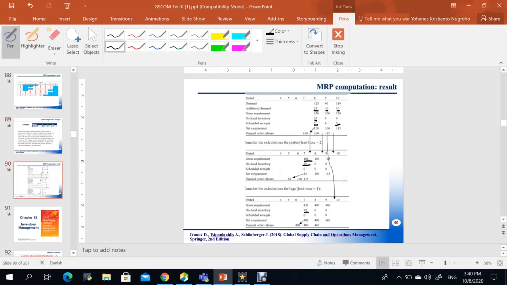And therefore, the gross requirement minus on-hand inventory results in net requirement. 108 minus 25, we have 83. And this 83 will be ordered in week 5, and therefore at week 7, when the manufacturing of tables started, these plates are ready to be assembled with legs, right?